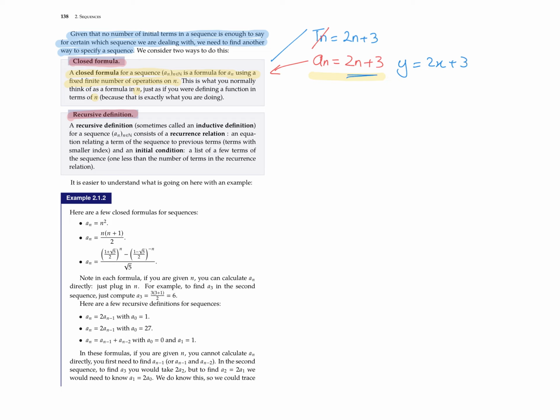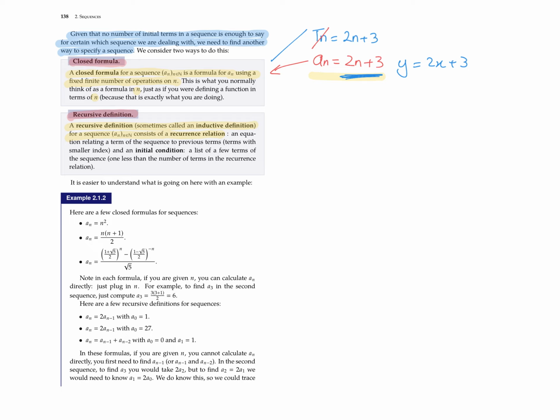The structure of the sequence is given by that generalized version of what we saw. Let's talk about a recursive definition. The recursive definition, sometimes called the inductive definition, for a sequence an consists of a recurrence relation.